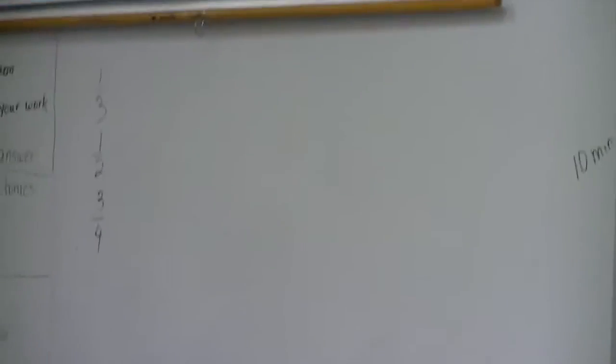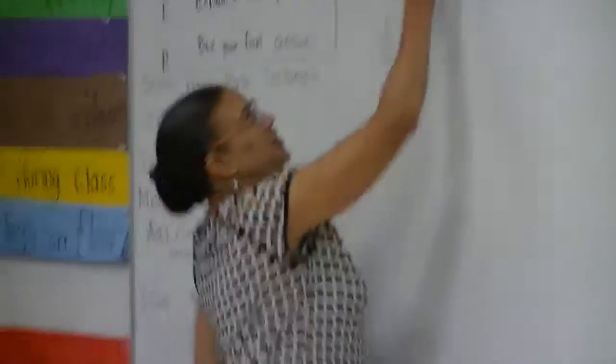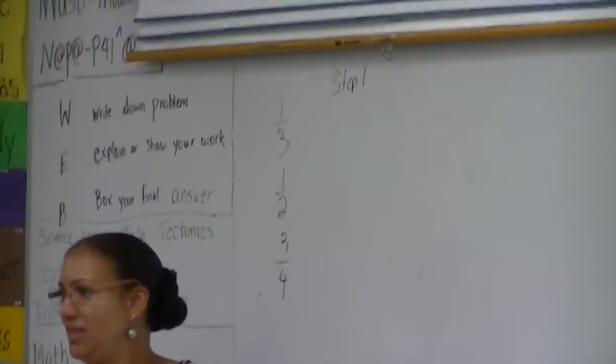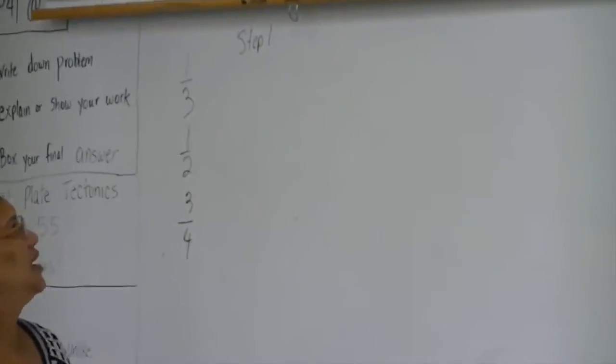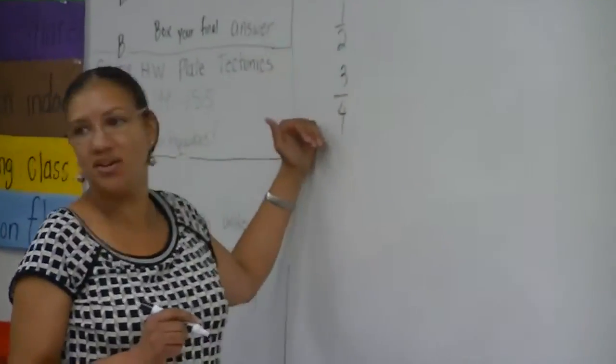Can I add those fractions the way they are? No, I can't add these fractions the way they are because the denominators are different. They are not the same. So the first thing I need to do is rewrite the fractions with a common denominator.